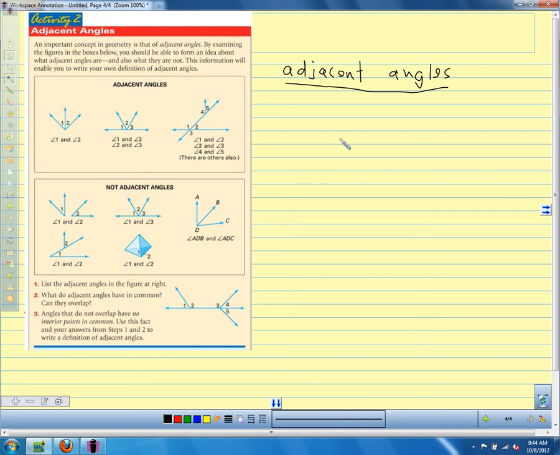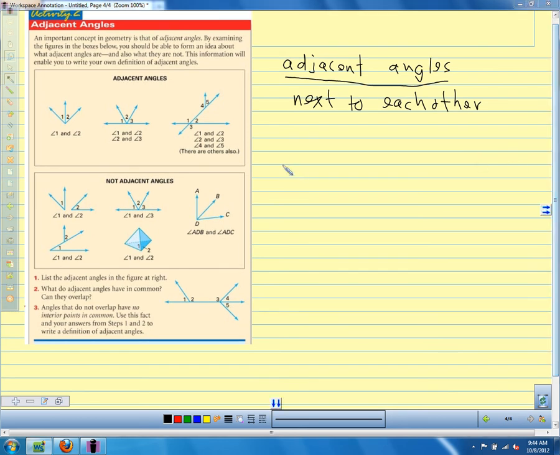Okay, that's good. Next to each other. So that's a good one. Did someone back here have next to each other? Anybody see anything else that's important about adjacent angles? Oh no, that's a different thing. We'll talk about those in just a couple of days. Those are called vertical angles.